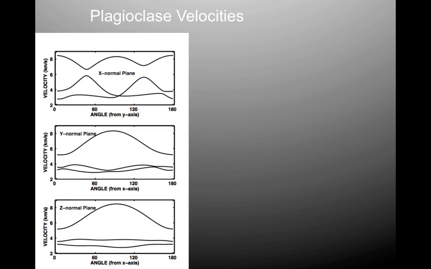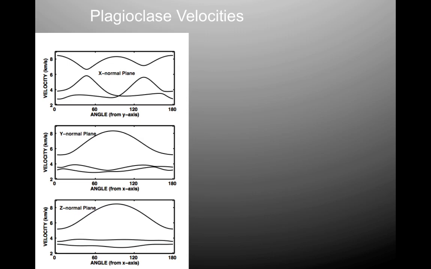Now let's look at the velocities that are predicted from the full anisotropic set of 21 constants. So these are velocities in an x normal, y normal, and z normal plane going from the axes, the Cartesian axes, not the crystal axes, around in a 180-degree rotation.